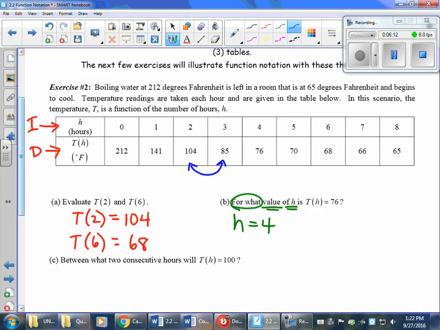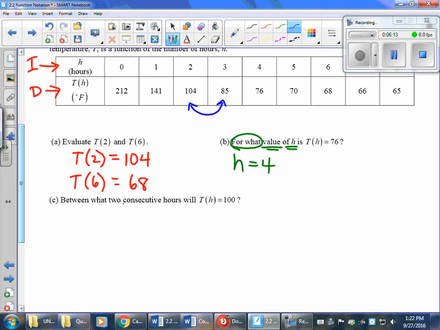So between what two consecutive, remember what consecutive means. It means right after another: 1, 2, 5, 6, 9, 10. So between what two consecutive hours will T of h equal 100? Always remember to annotate your questions. It's very important. So between what 2 hours? h would be between h equal to 2 and h equal to 3.